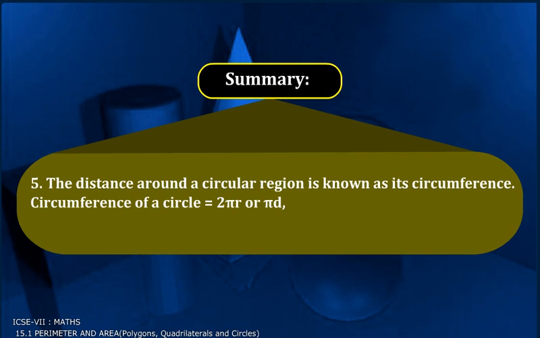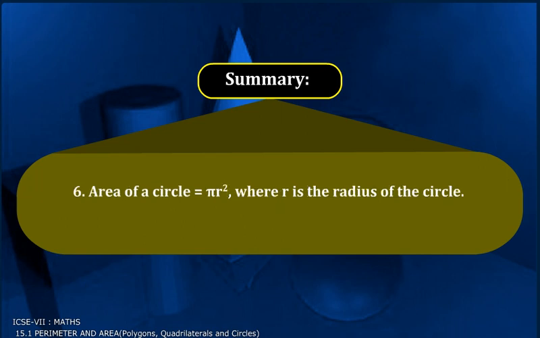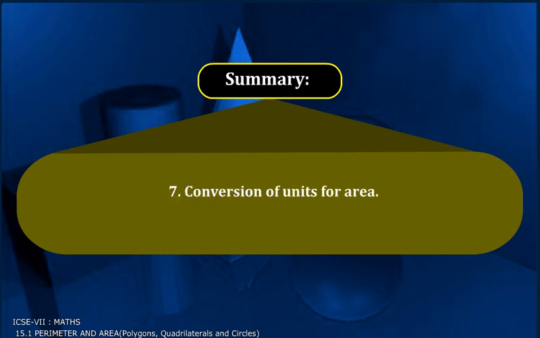The distance around a circular region is known as its circumference. Circumference of a circle is equal to 2 pi r or pi d. 6. Area of a circle is equal to pi r square, where r is the radius of the circle. 7. Conversion of units for area.